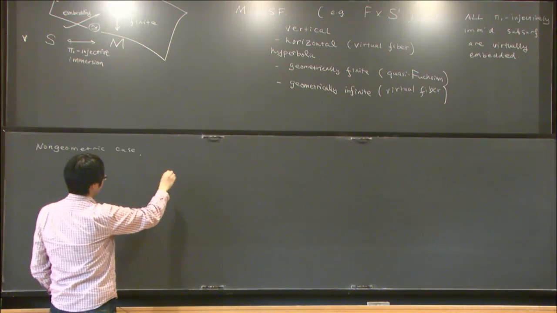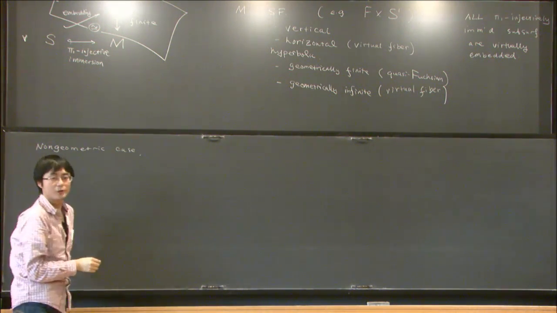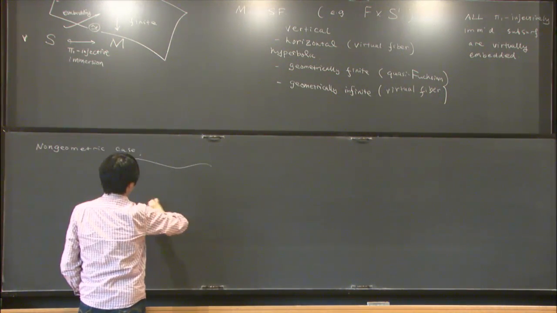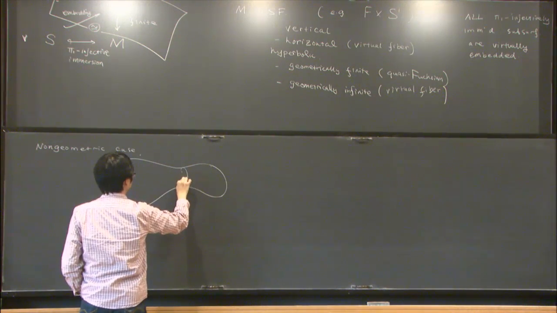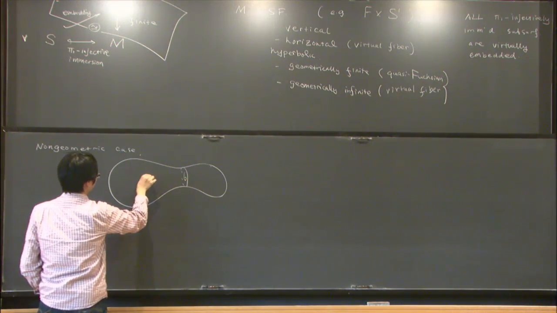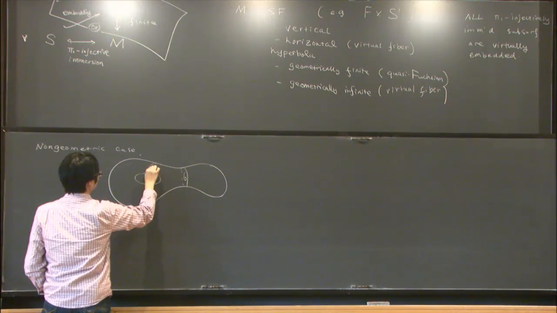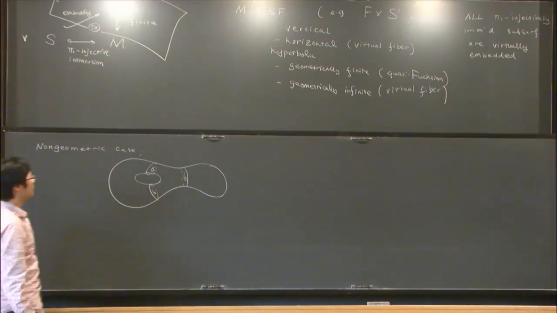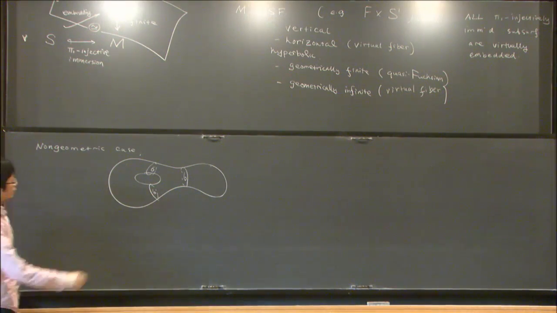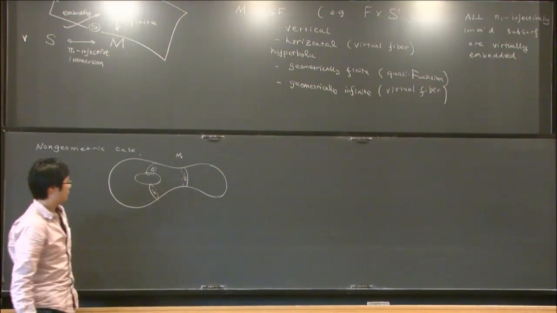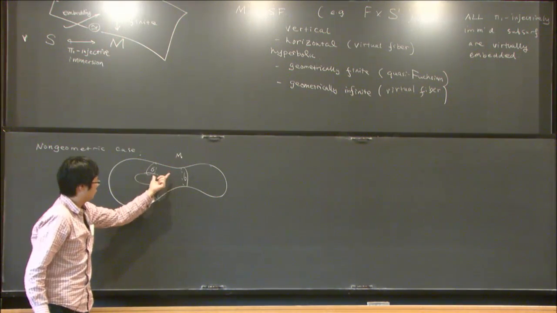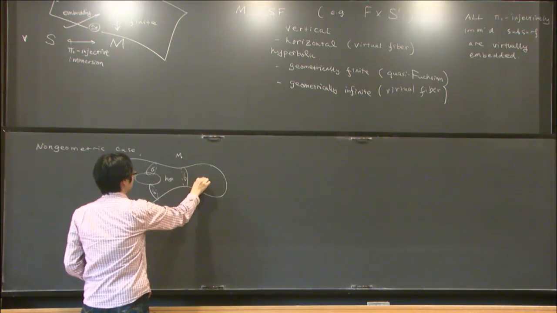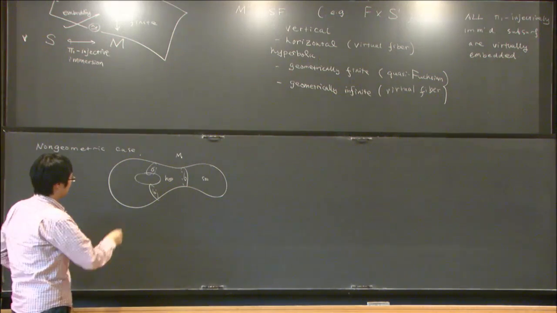What I have here is a decomposition of the manifold M. Drawing a cartoon, maybe I can break my 3-manifold M along tori so that it's broken into geometric pieces. Maybe this one is, for example, hyperbolic, and this one is Seifert-fibered.